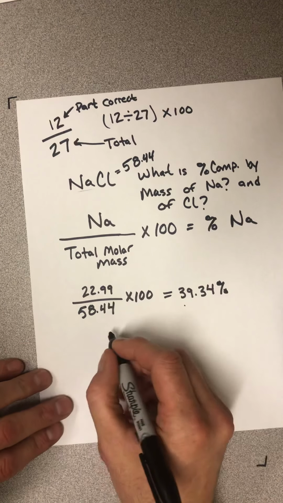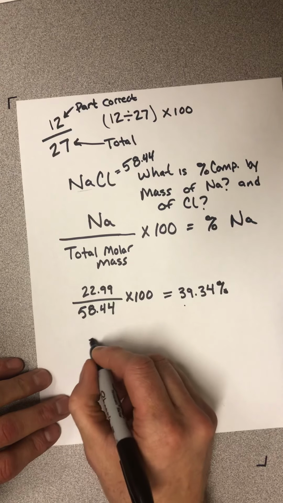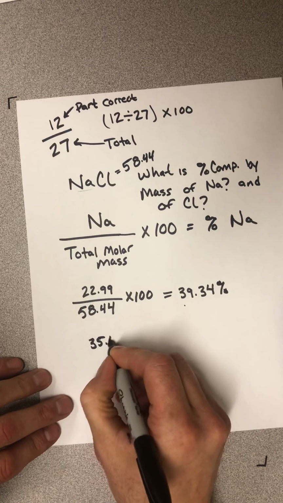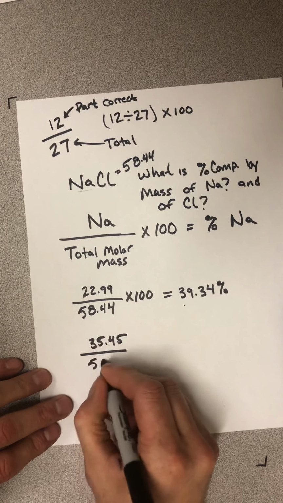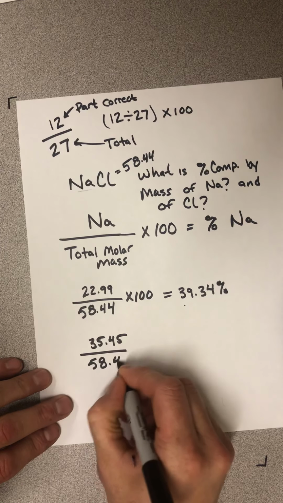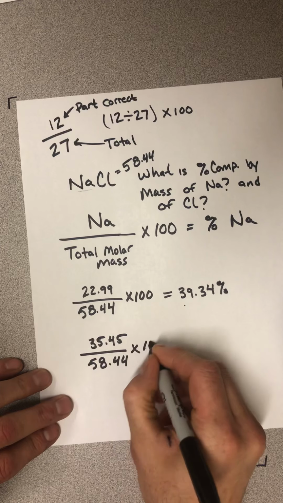But let's do the math anyway. Chlorine is 35.45 divided by that same total molar mass, 58.44. We're going to multiply that by 100.